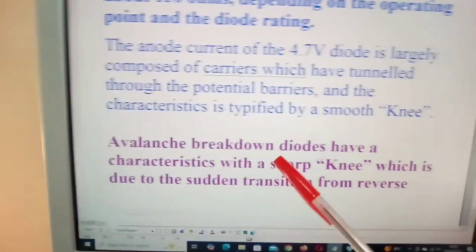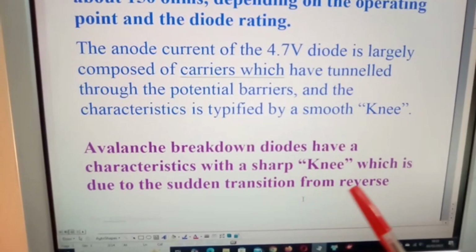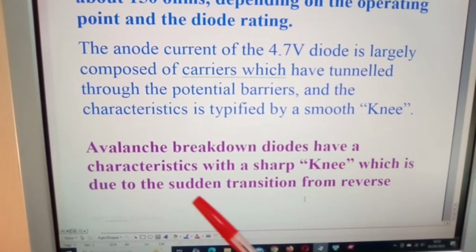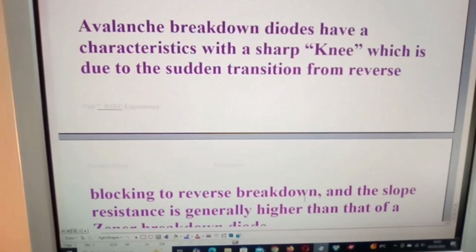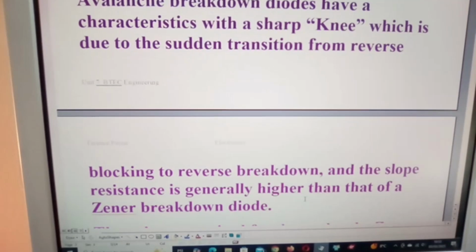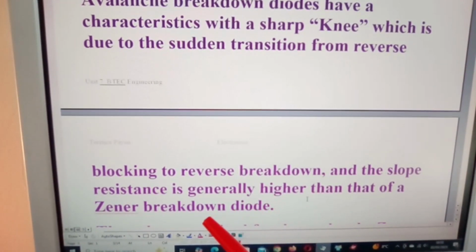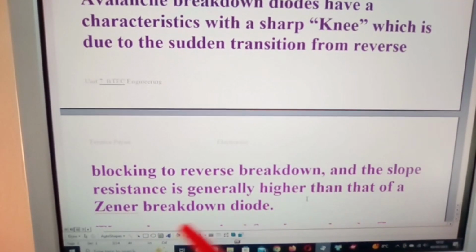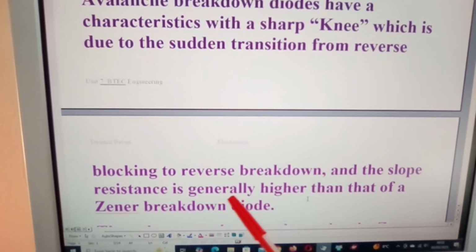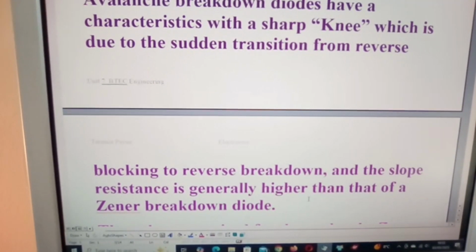Avalanche breakdown diodes have a characteristic with a sharp knee, which is due to the sudden transition from reverse blocking to reverse breakdown, and the slope resistance is generally higher than that of a Zener breakdown diode.